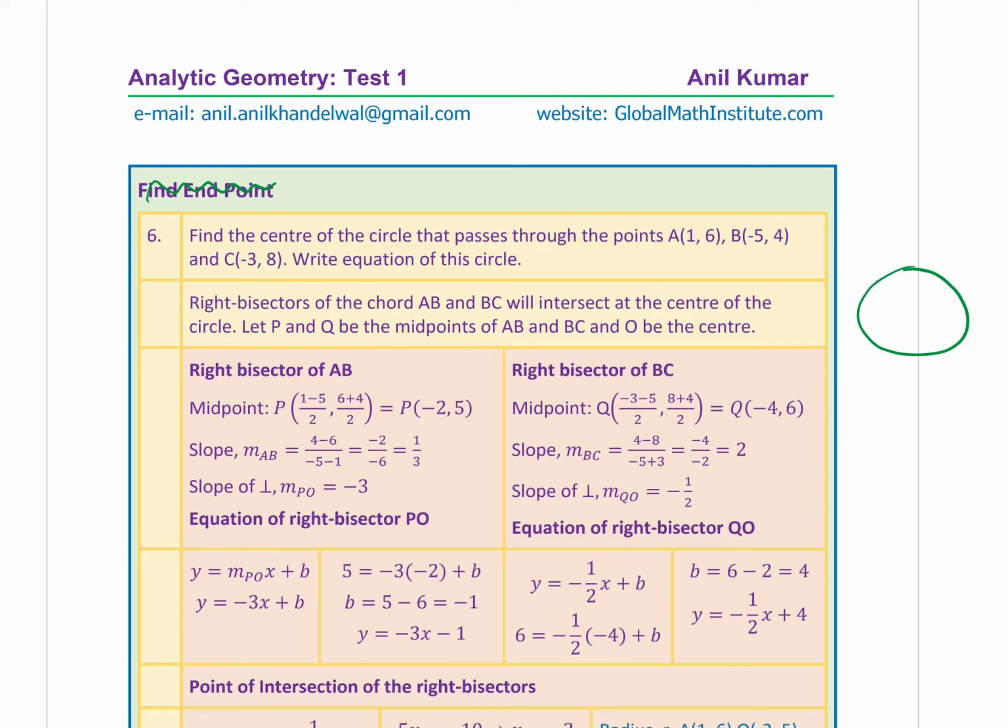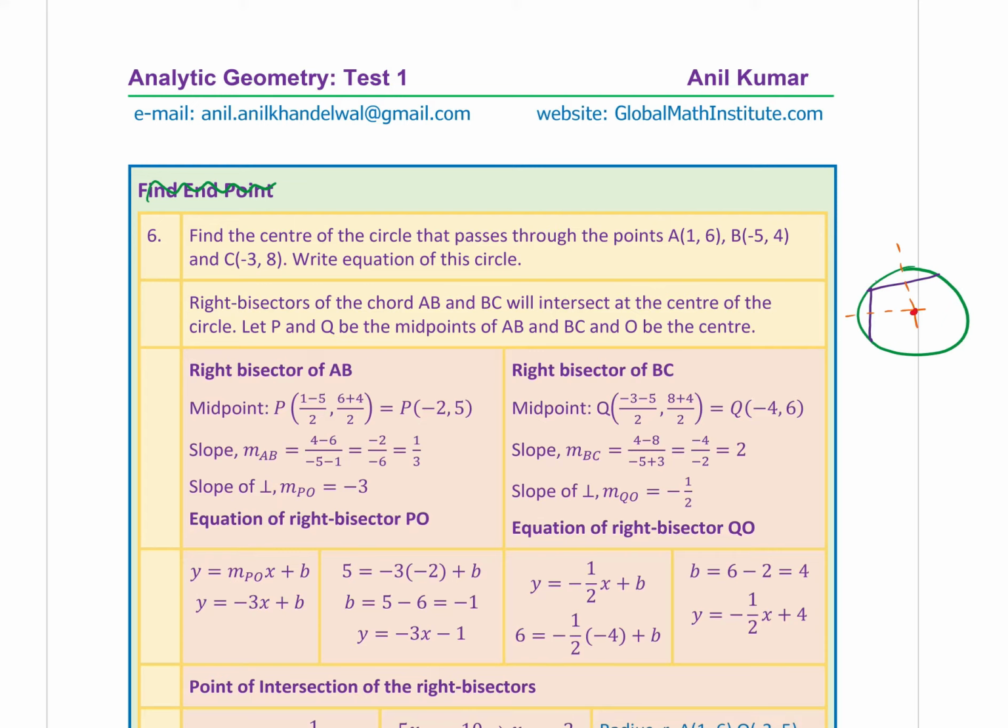Let me just draw the points in general. Let's say these are our 3 points, correct? So in that case, we realize that the perpendicular bisectors of these points will intersect at the center, and that is what is going to help us to find the solution.